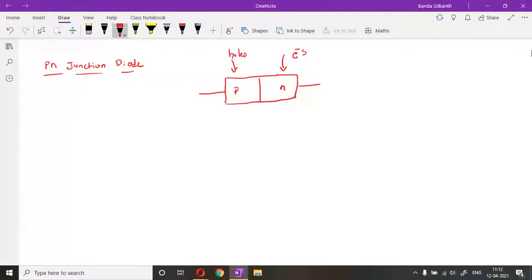So you know something about nature. Any material or anything will travel from higher concentration to lower concentration.